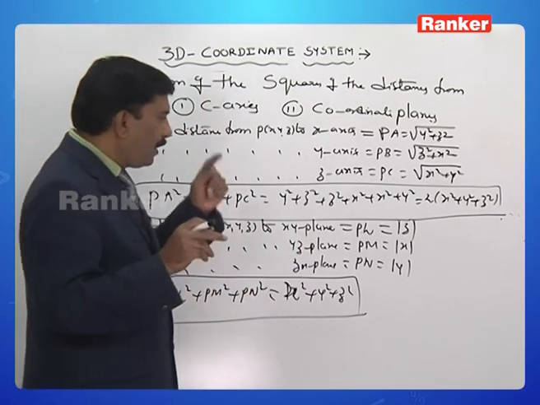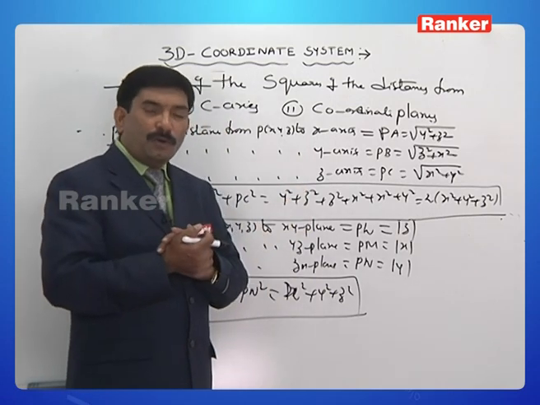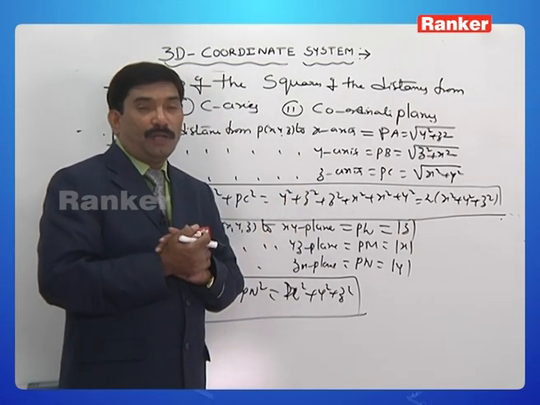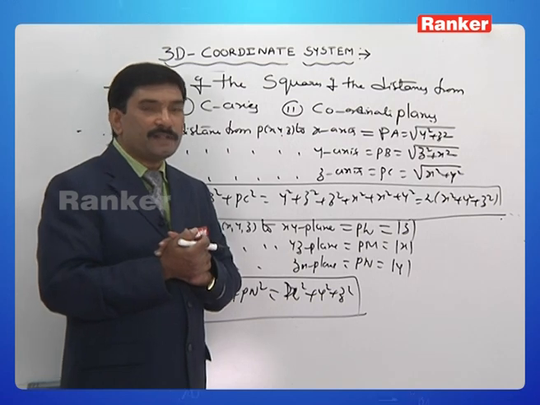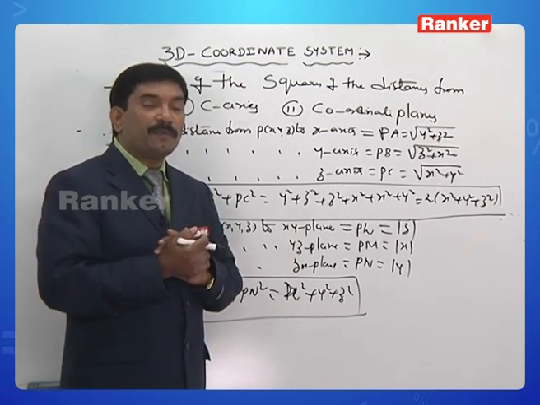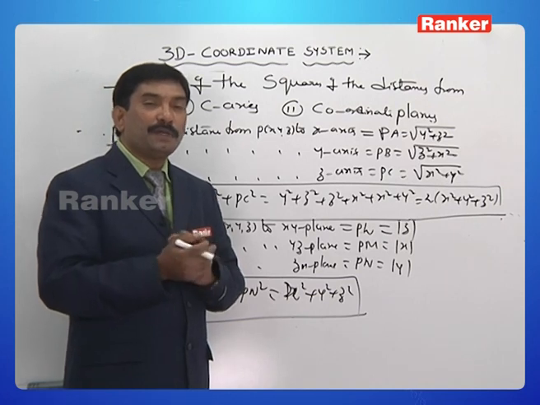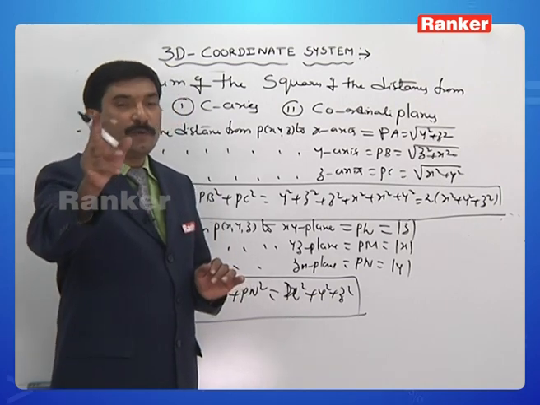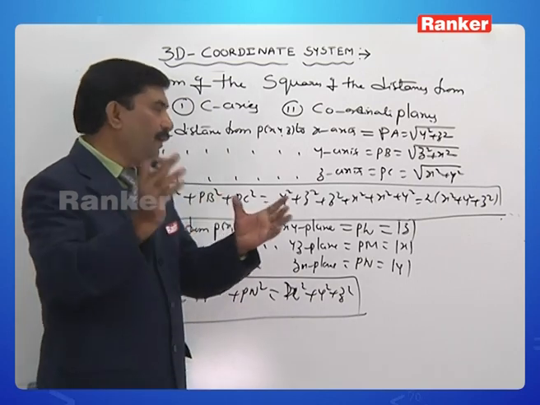I want to find out the locus of the point P which moves such that the sum of the squares of the distances from the point P in space to the coordinate axes is 40.